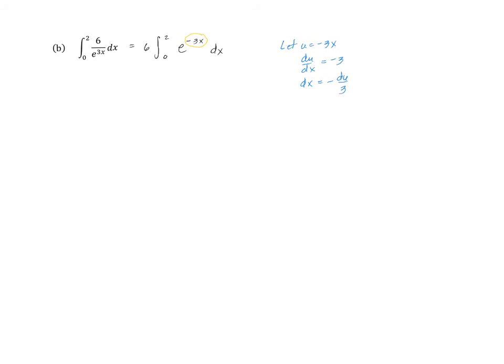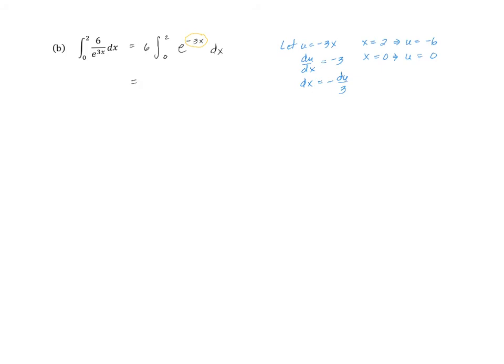I can also look at changing my limits of integration. If x is equal to 2, then u is going to equal negative 6. If x is equal to 0, then u is equal to 0.